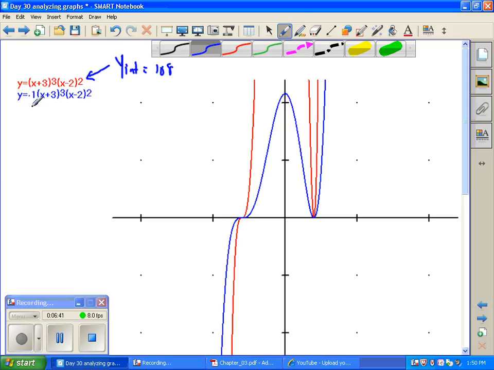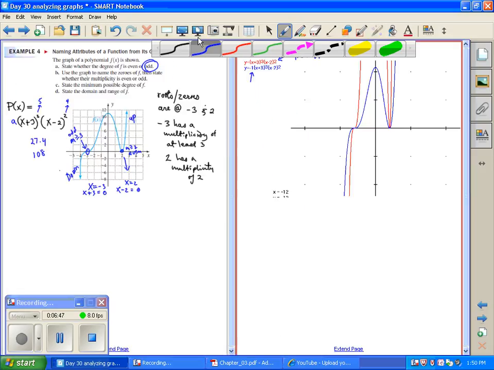Obviously not 11. So I put a little 0.1 in front. Now look how close this comes to the graph on the previous page. Look at my blue graph. Look at their blue graph. Pretty close, right? It's not exact. It might be that this multiplicity is wider because theirs looks a little more flat, but we have a good idea.